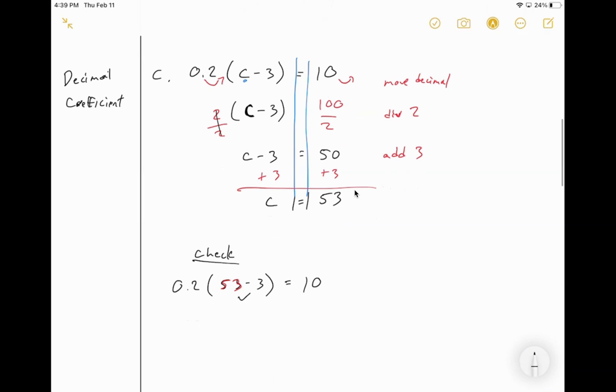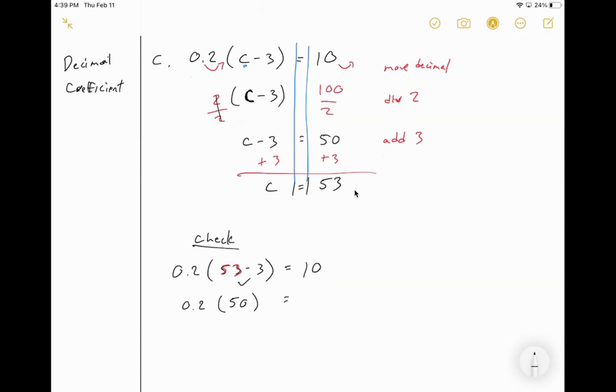Okay, 53 minus 3 is 50. 0.2 times 50, we're hoping that's 10. Well, 2 times 50, remember, is 100. But we have one decimal place here, so I'm going to put one decimal place there. 10.0 is equal to 10. Looks good to me. And there's our answer.